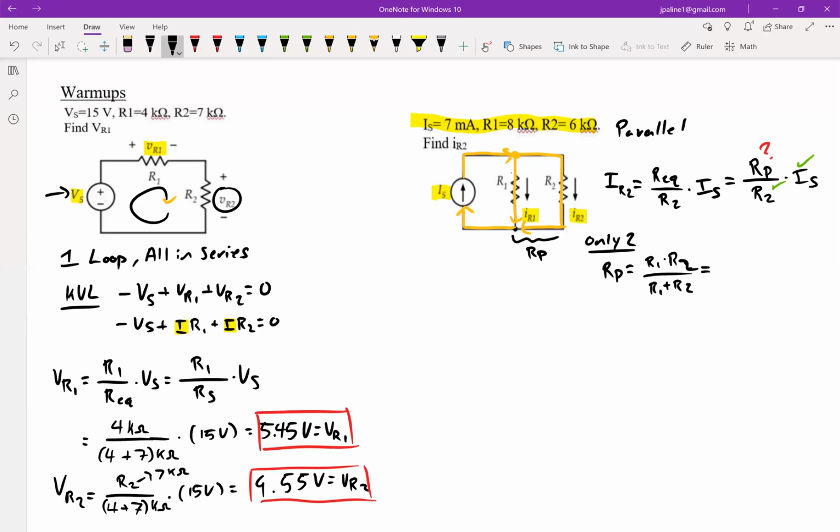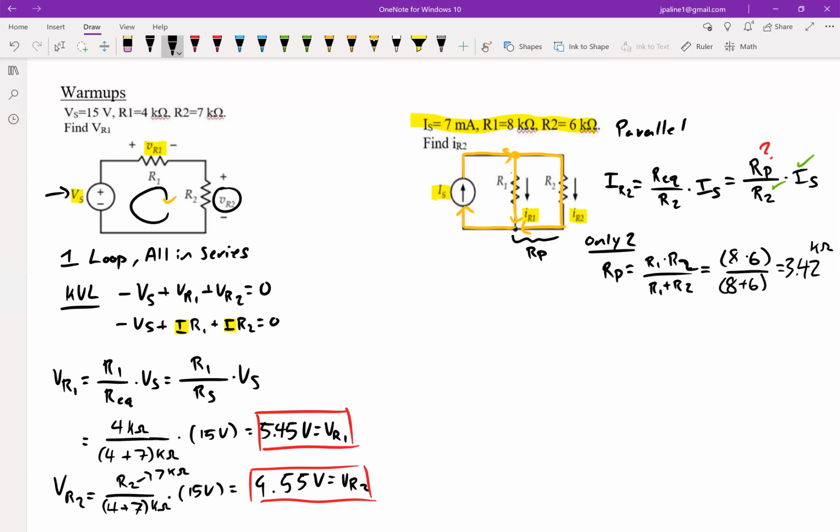And that will be 8 times 6 over 8 plus 6. Which will give us 3.42 kilo ohms.